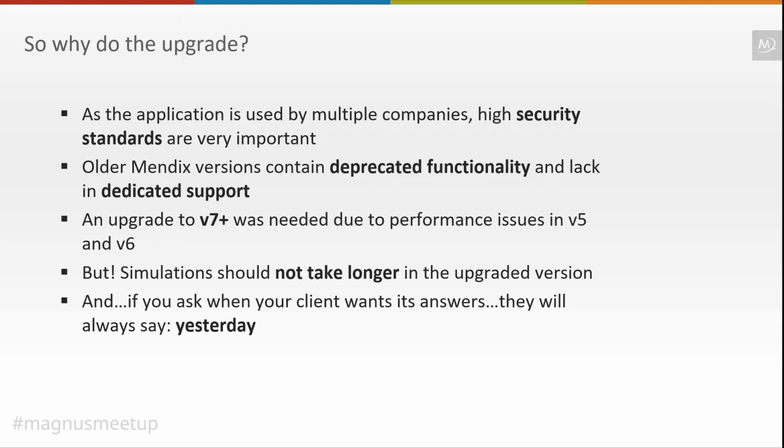There were some trials with V5 and V6, but those gave a lot of performance issues. And V7 and higher gave us a prospect that this should be able to work.